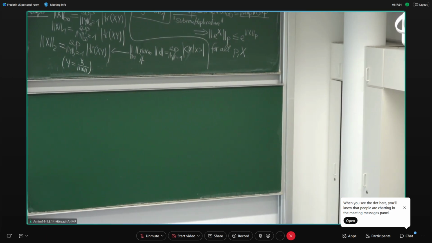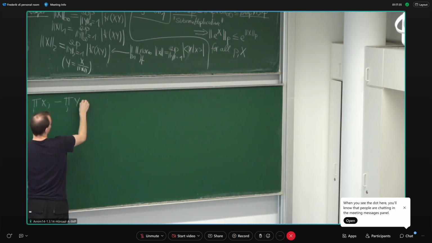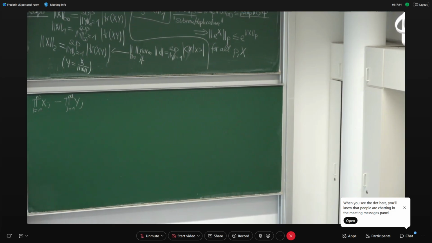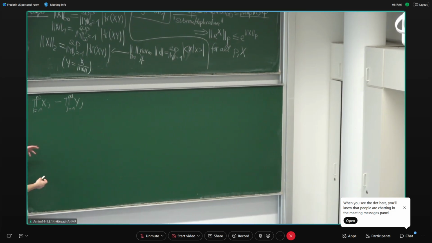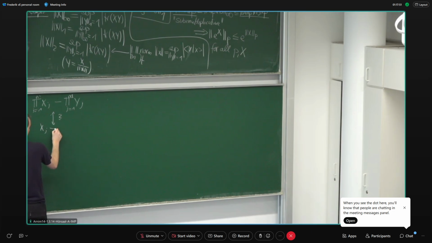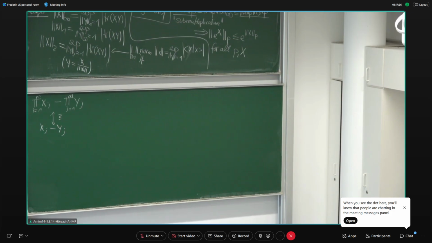Okay, so as I said, sometimes you have a product of certain matrices, and you want to quantify the difference of two such products of equal length. And you want to relate these in terms of the difference of single factors.